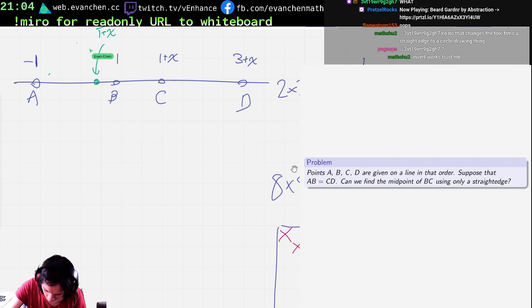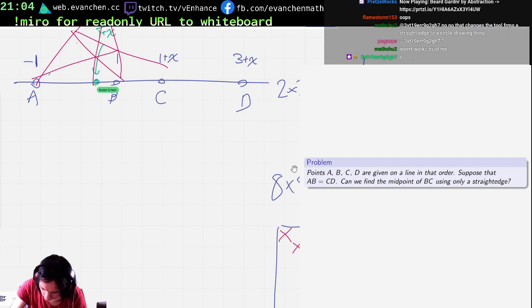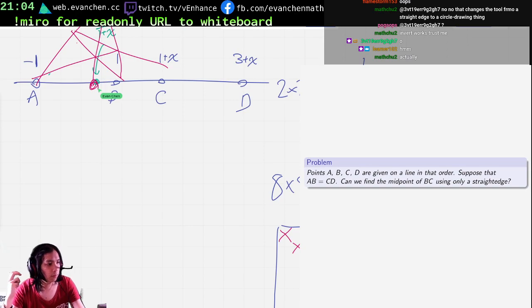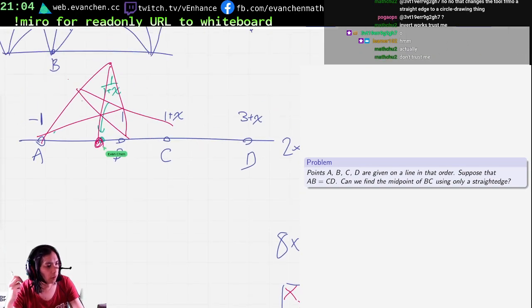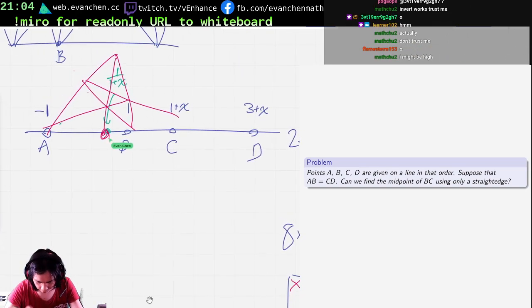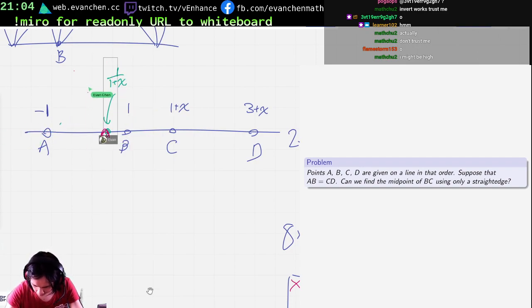What you do is you draw this triangle, do that, do that, do that, do that. This will be 1 over 1 plus x, the harmonic conjugate of those 2 points. Yeah, and you can basically keep doing this. Anytime you have 3 points, you can get another point that looks like this.